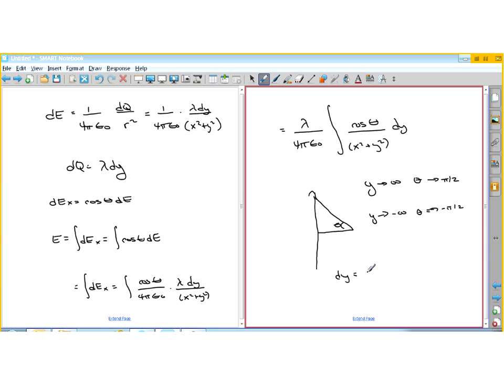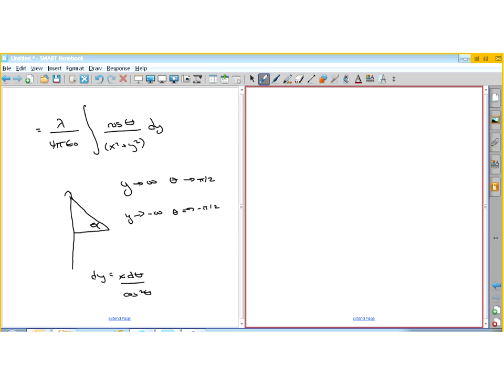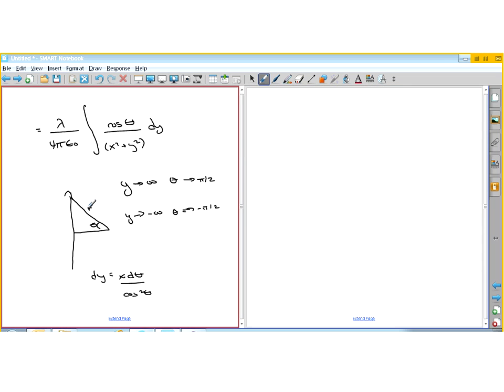So what we can say is dy is equal to x d theta over cosine squared of theta. And what we need to do is replace this with something in terms of theta. So this is r, this is x, this is y.